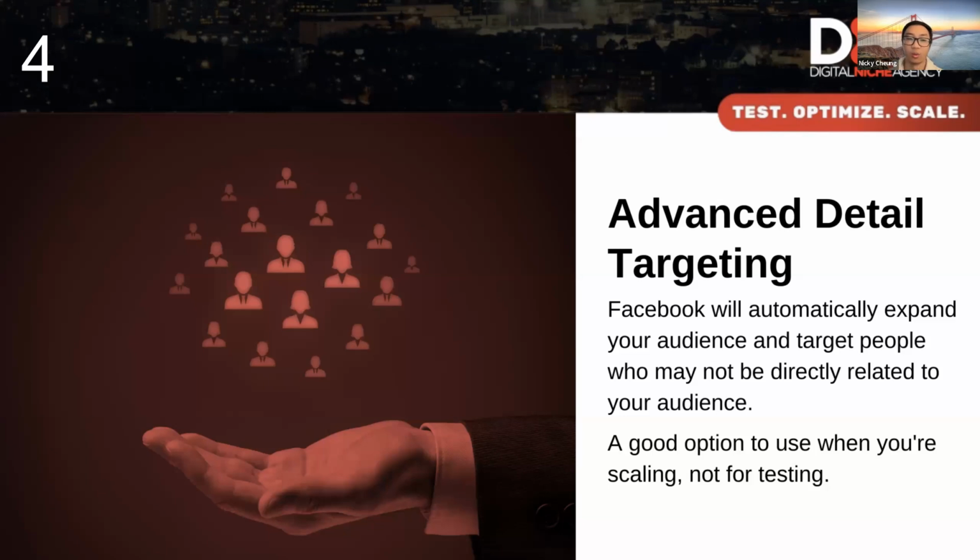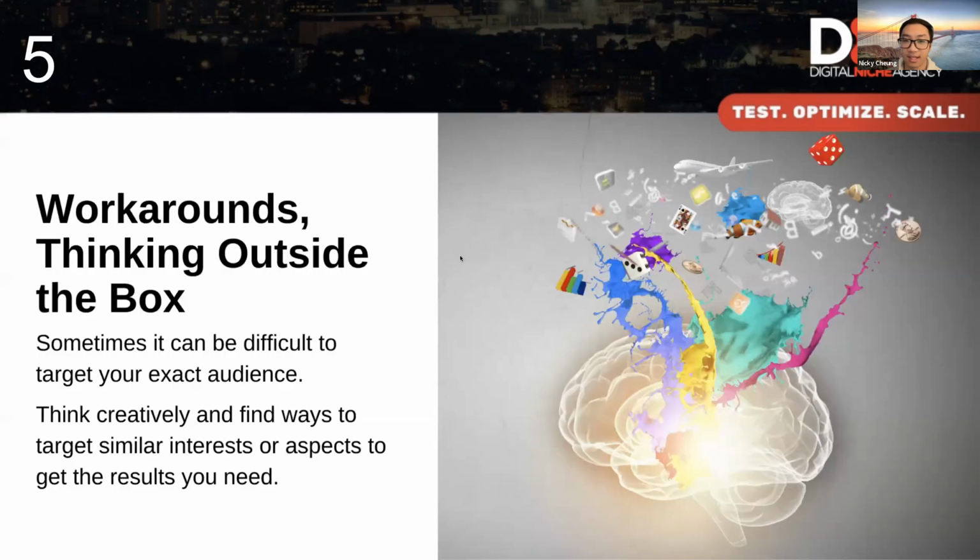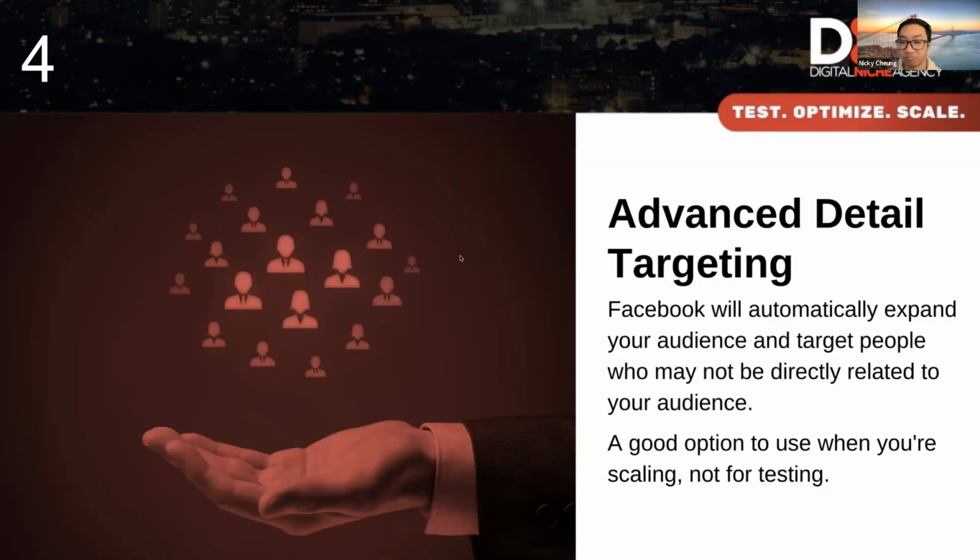When we're testing, we want to figure out whether the audiences that we're hitting are producing, whether they're interacting, all that stuff. And we don't want Facebook to go out and target different people and have them skew that data here. So this is definitely more for testing, but scaling, very, very good option.